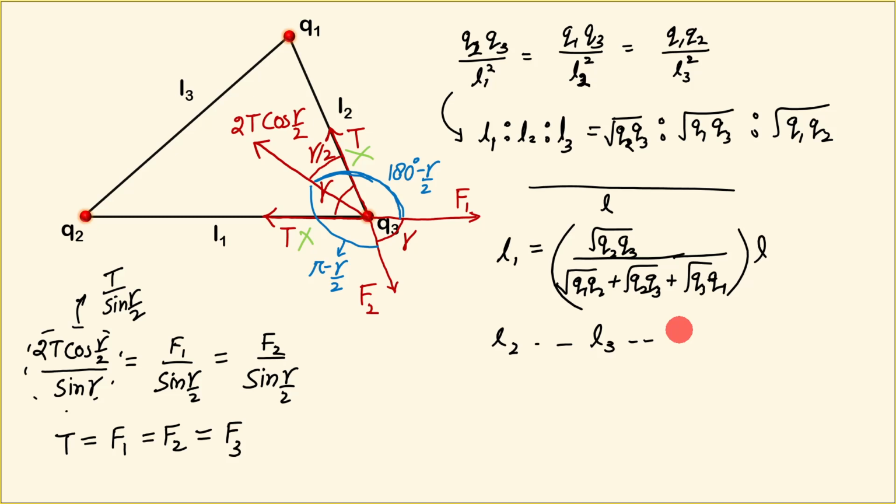What was the other part that we had to do? We had to determine the relation between the charges such that this condition is physically possible. In such situations we always have to consider what if the tension was 0? What if the string can somehow become slack? We should check for that also.